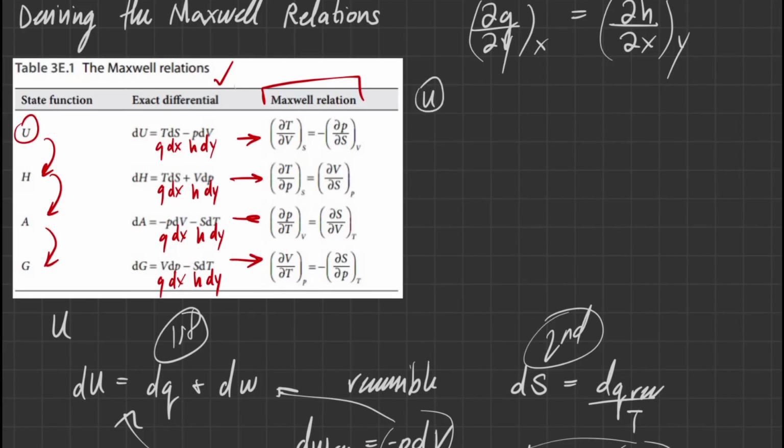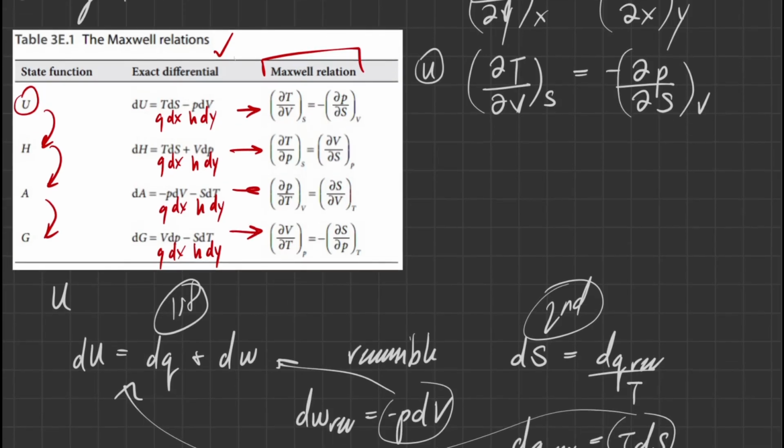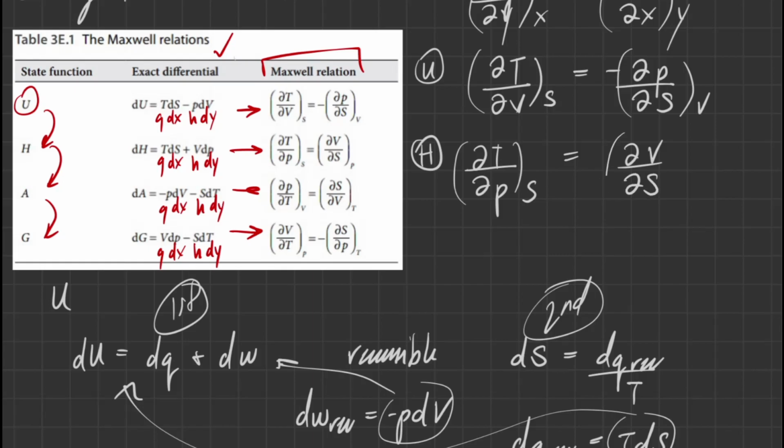For internal energy, the partial of g, which is the T variable here, over partial y, or partial V, at constant S is equal to minus, don't forget the minus sign, partial P over partial S at constant V. I'm not cheating, by the way, I'm not looking at the table. For enthalpy, the partial of T with respect to P at constant S is equal to the partial of V with respect to S at constant P.